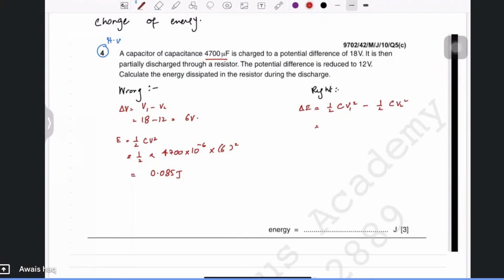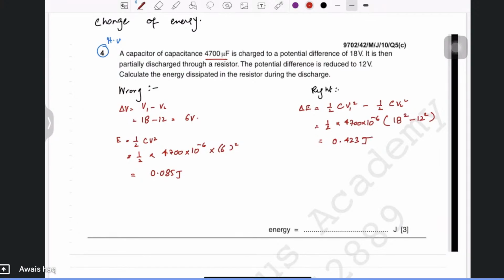Now, when you do that, you're doing 4700 times 10 raised to minus 6, and then 18 whole square minus 12 whole square, because I took half C common. Use the brackets, please, and then find the answer. 0.423 joules. Now, this is the correct answer.